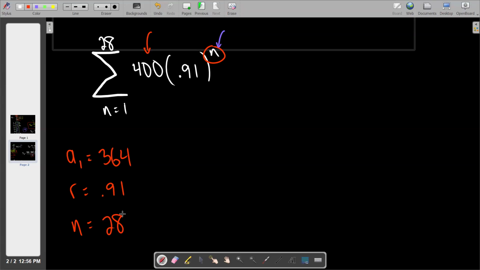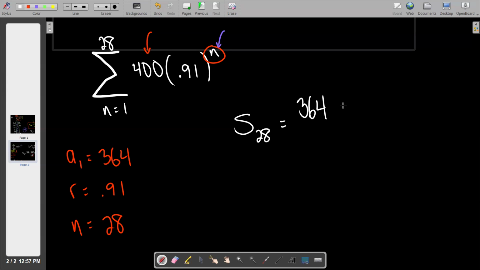And then we're just going to faithfully plug them in. So our work step is going to say S sub 28. We're communicating to the world that we're finding the sum of 28 specific terms of this sequence. What goes first on the top? 364.